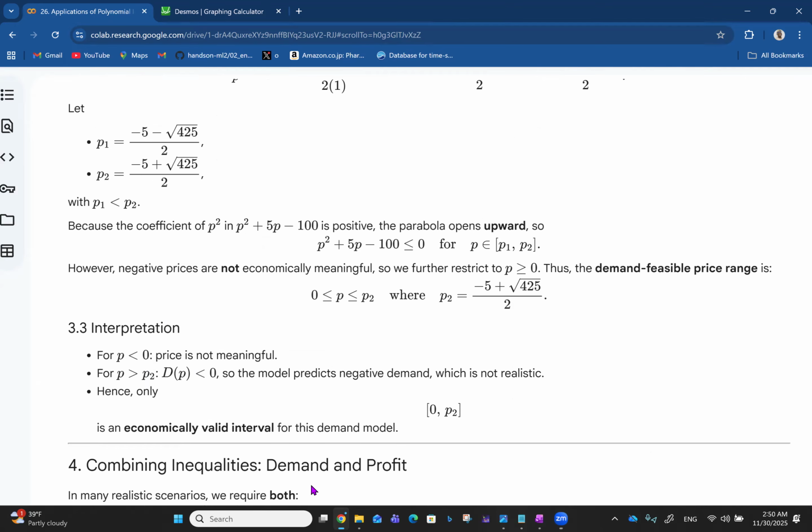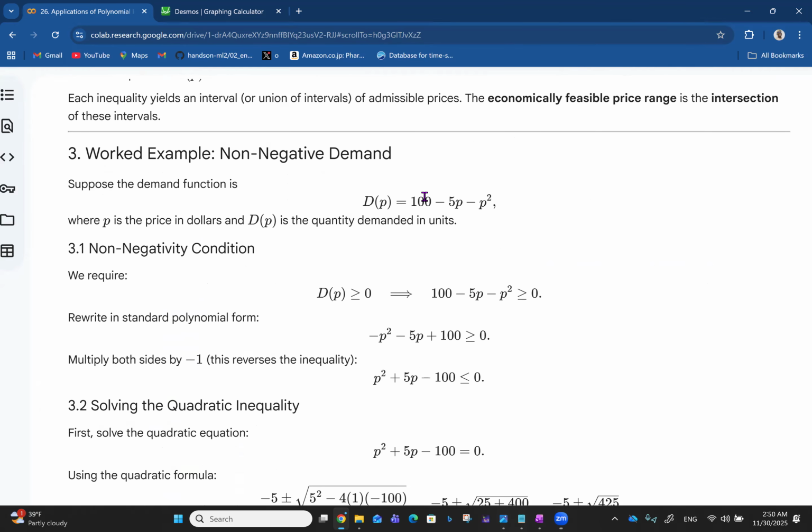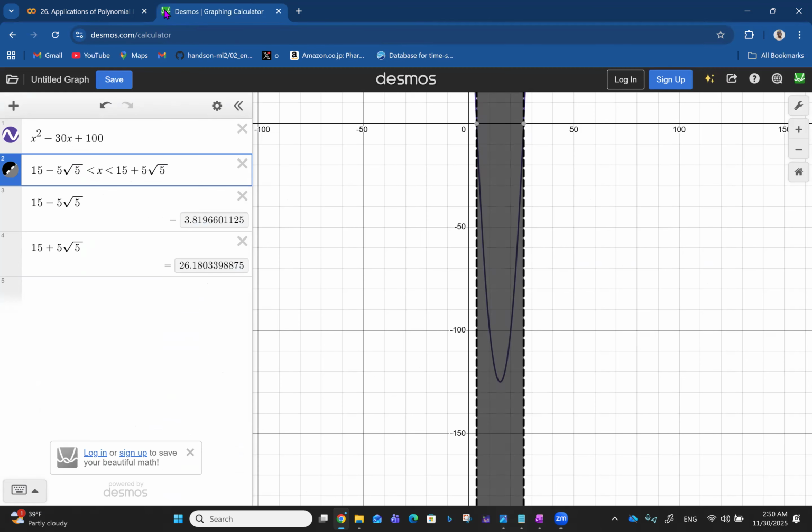So let me see where the functions are now. We want this to be positive, and this is what it evaluates to. So we have x squared plus 5x minus 100.